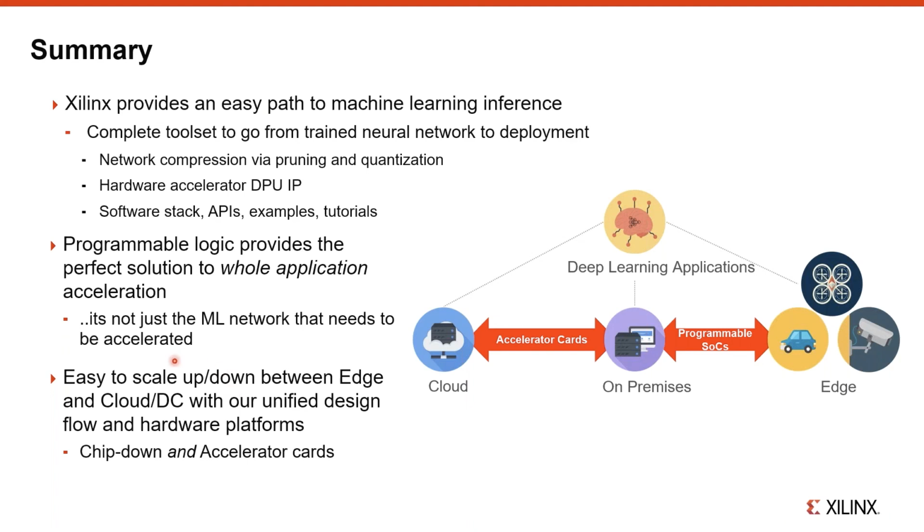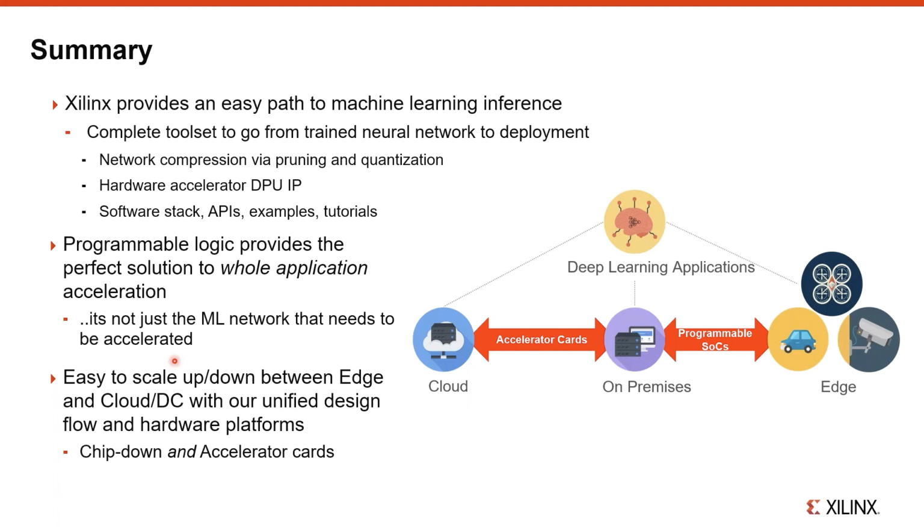And the fact that our tools are unified across both edge and cloud makes it very easy to take the work that you've done, for example, on a cloud platform, and perhaps produce a portable edge design or a product with a reduced form factor, and move that from an Alveo board onto a Xilinx edge device.